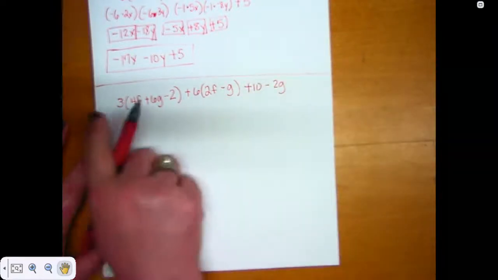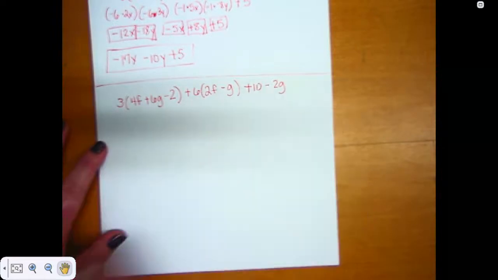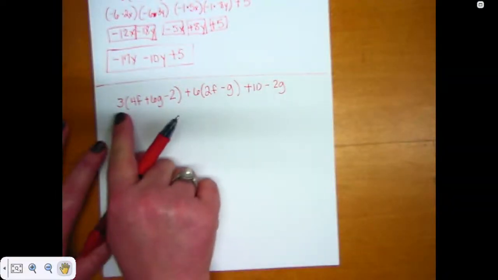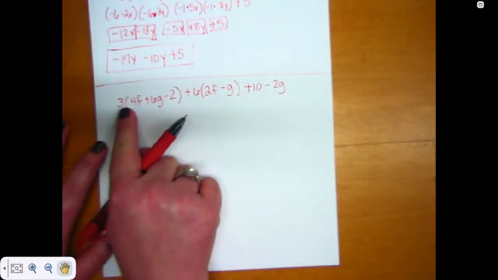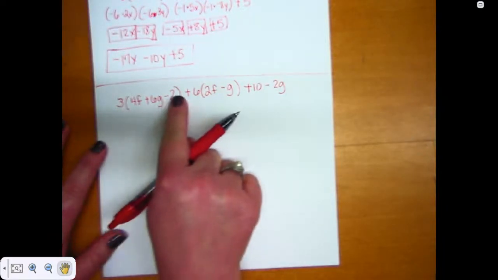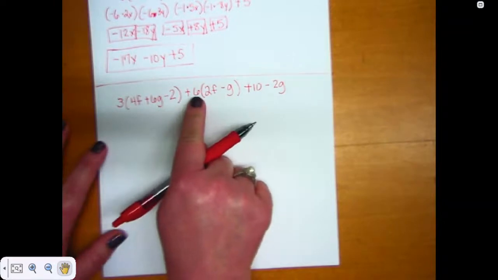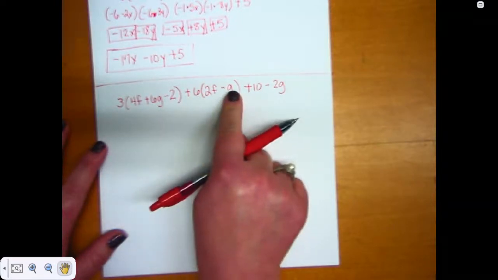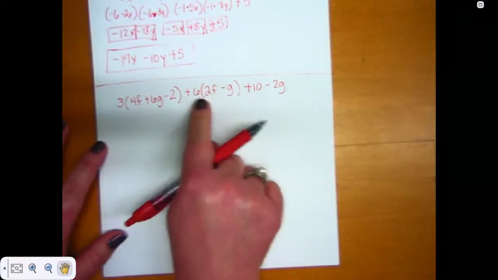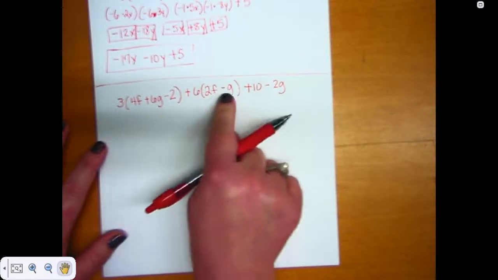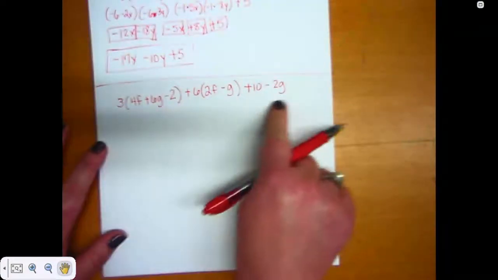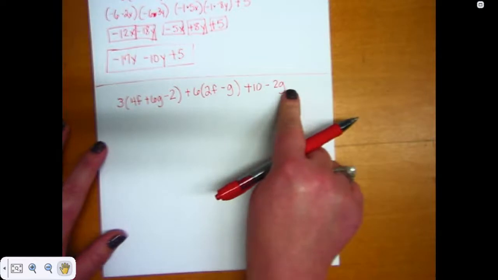So this is a fairly long expression. Remember, you only distribute the 3 into the parentheses that it is directly attached to. And this 6 is also directly attached to this parenthesis, so you will only distribute it to this group. And then these are not attached at all, so they will just come straight down.